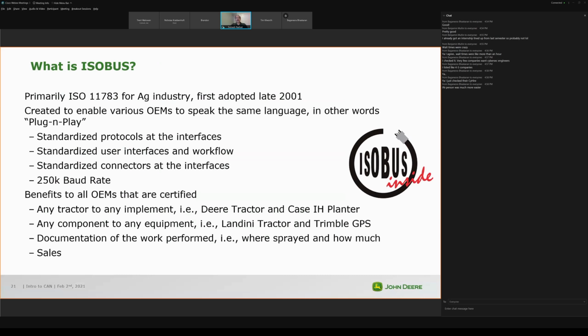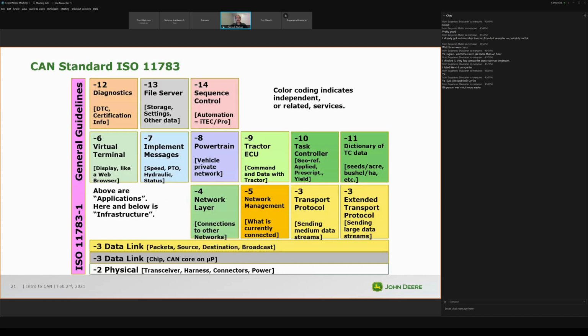It could also have an impact on your sales. Once the tractor, the implement, or the components are certified, you can pitch it to any tractor owner or any implement owner, and they're not tied to that particular brand. That gives a huge advantage in being certified as ISO bus equipment.